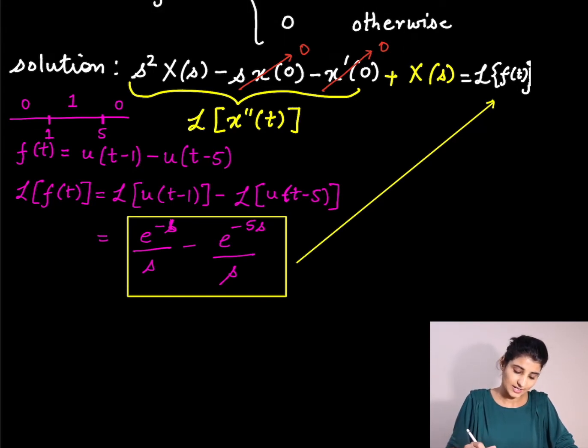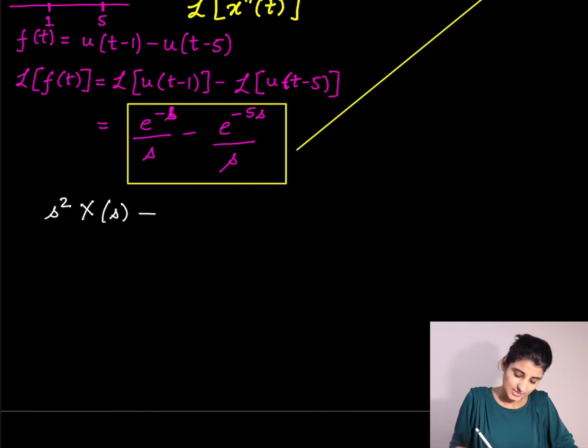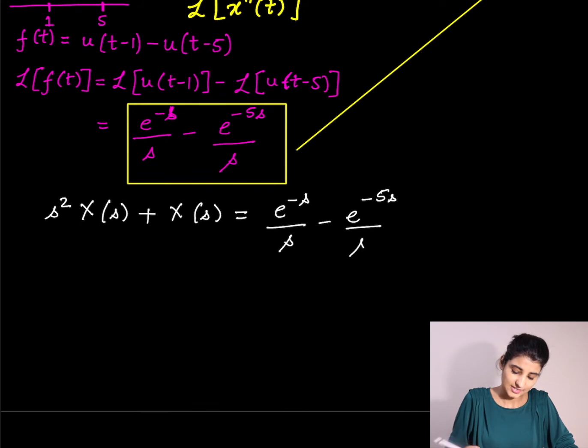So what we are left with is s squared X(s) plus X(s) equal to e to the power negative s divided by s minus e to the power negative 5s divided by s, right?